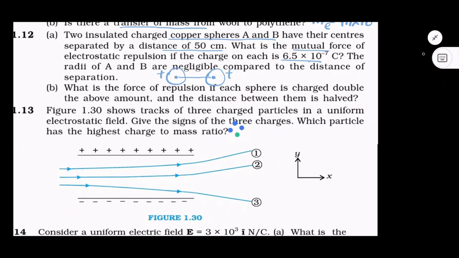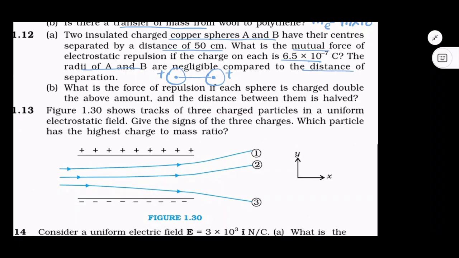Now, can we apply Coulomb's law here, since it was for only point charges? Think for a while. They are saying that the radii of A and B are negligible. You will get your answer from this last line only: the radius is negligible compared to the distance.